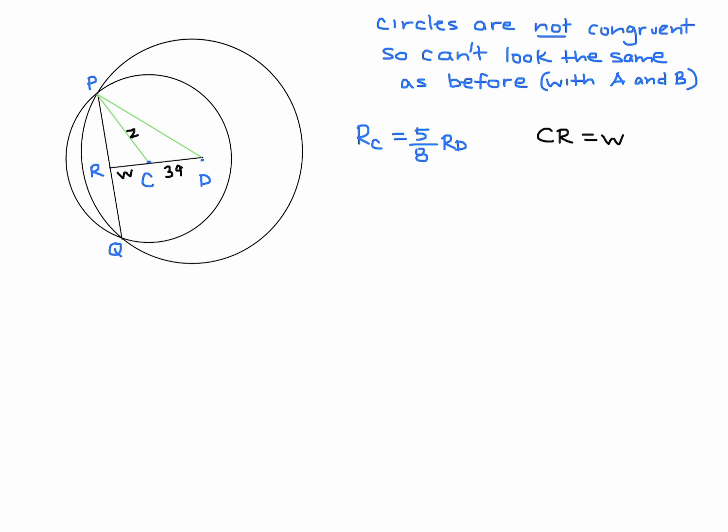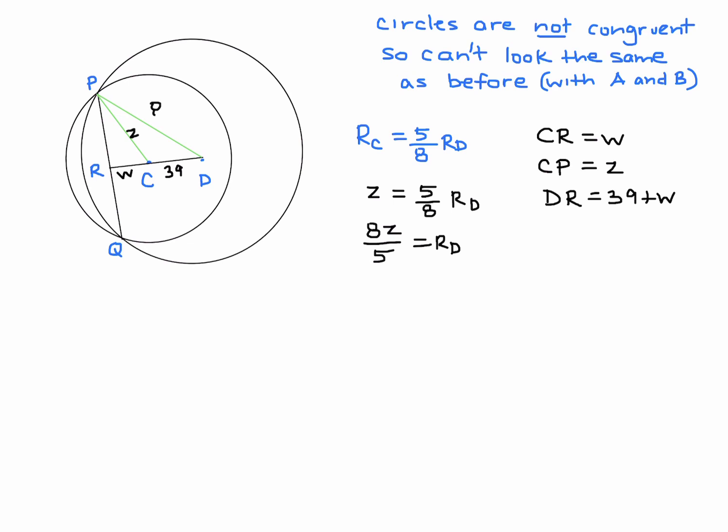CR I call W. CP, which is essentially the radius of that circle, is Z. And then DR is 39 plus W. And then now, using this formula, I can get something for the radius of D. Well, the radius of C I had called Z. So the radius of D will be just 8Z over 5.